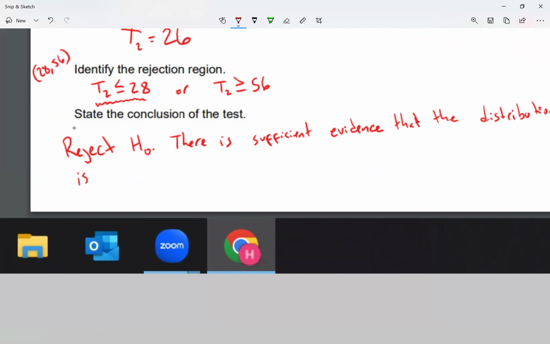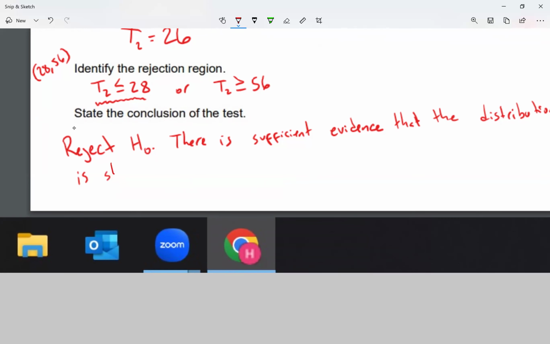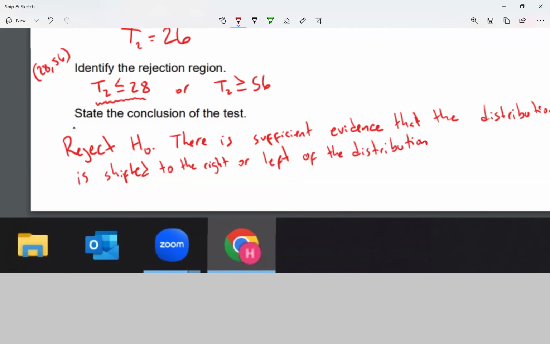Did it move to the right or to the left, or did it move strictly to the right, or did it move strictly to the left? Well, remember I mentioned earlier, we're checking that it moved to the right or to the left. So we're rejecting: shifted to the right or left of the distribution of population 2.